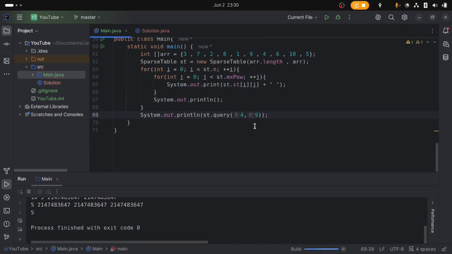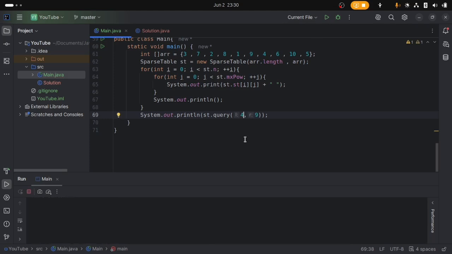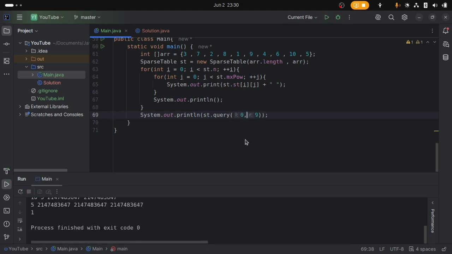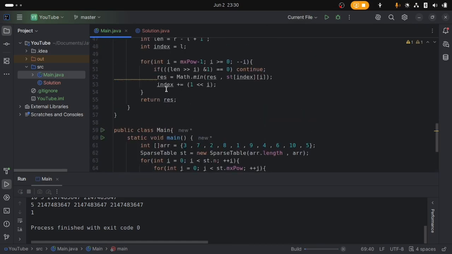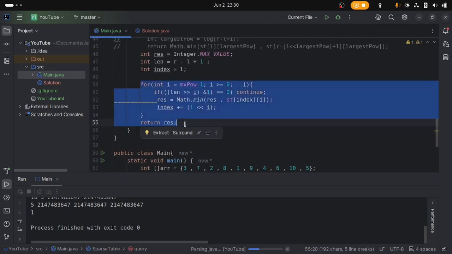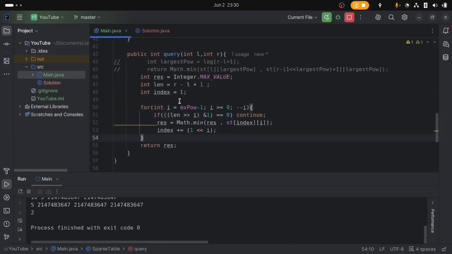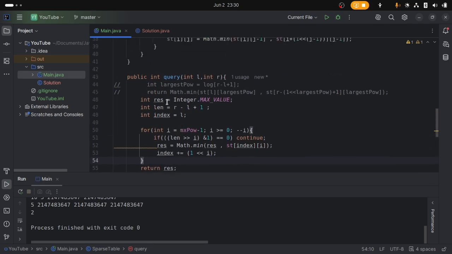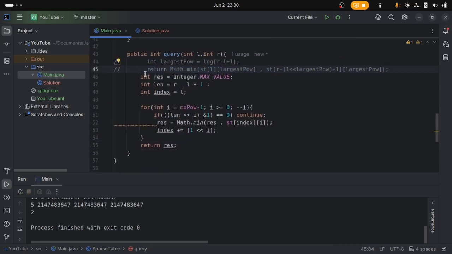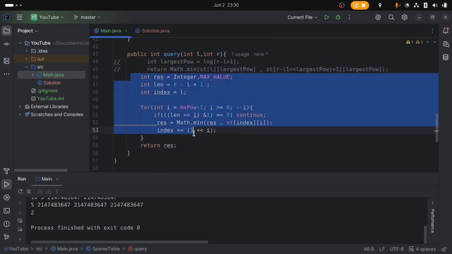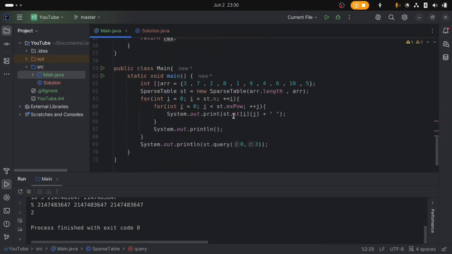We should get 1. Correct. For 0, 3. So this is another way of writing your query function. This works in log n time complexity, but yeah, correct. But for idempotent functions, you can simply write this big O of one equation. If it's not an idempotent function, you can simply write query in this way.